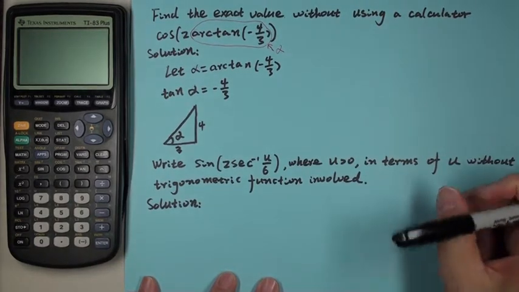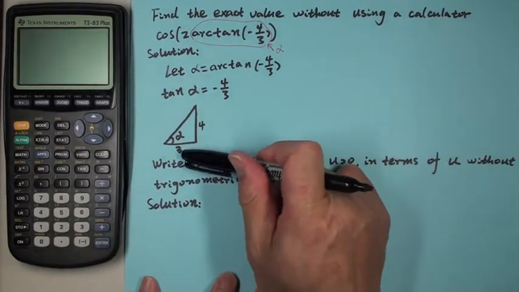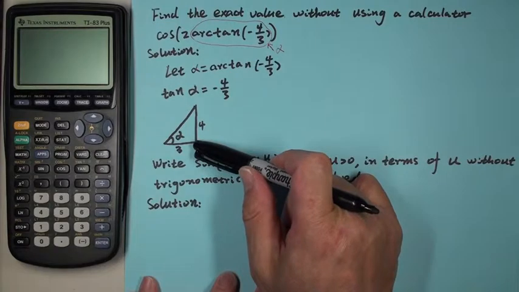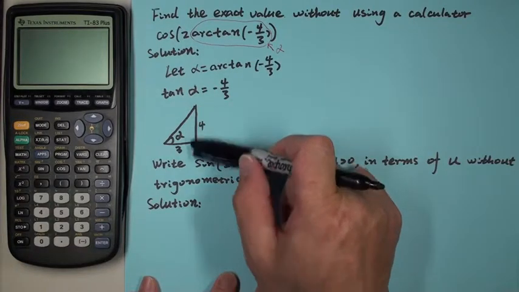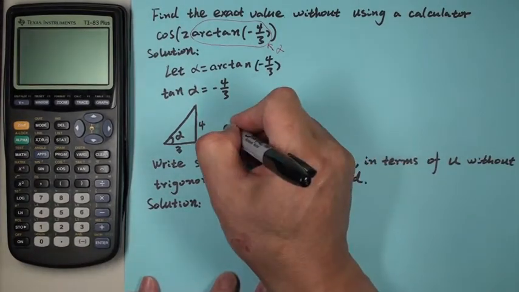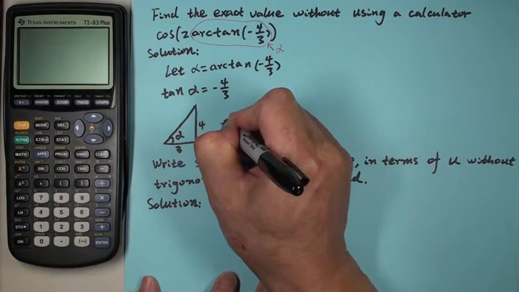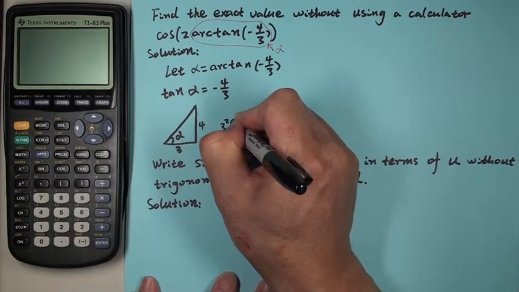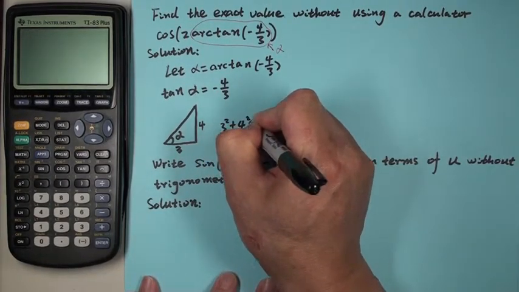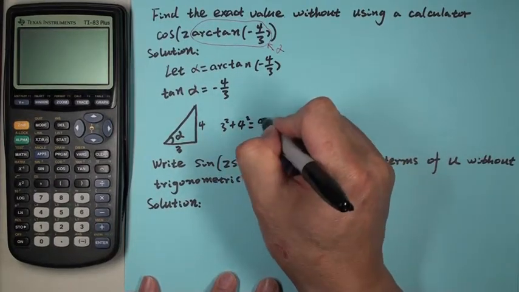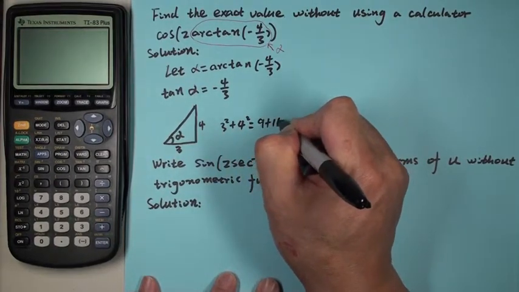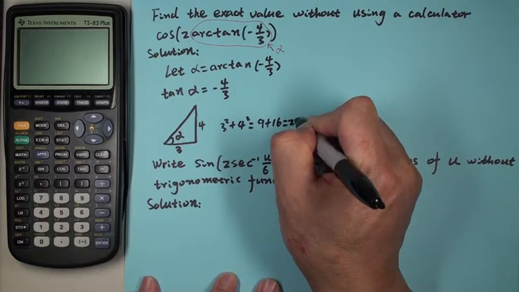Now, if this leg is 3 and this leg is 4, we will have what? 3 squared plus 4 squared is 9 plus 16, which is 25.